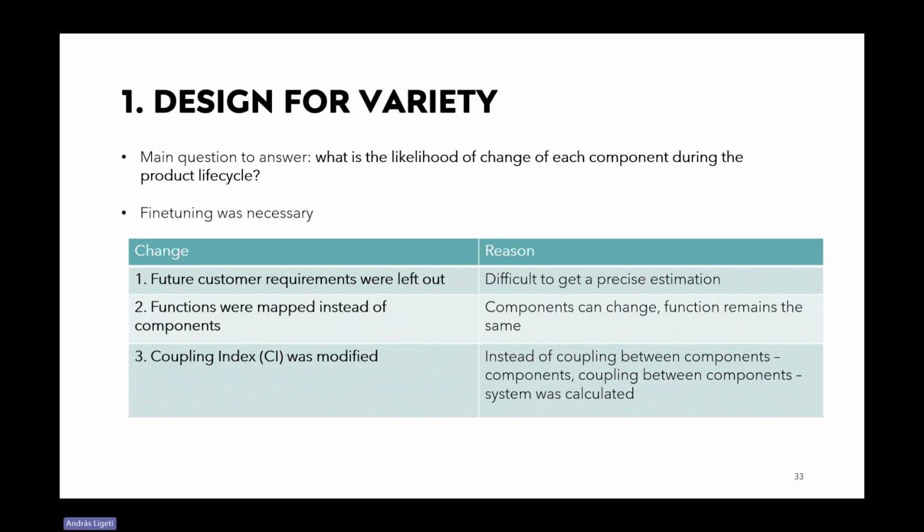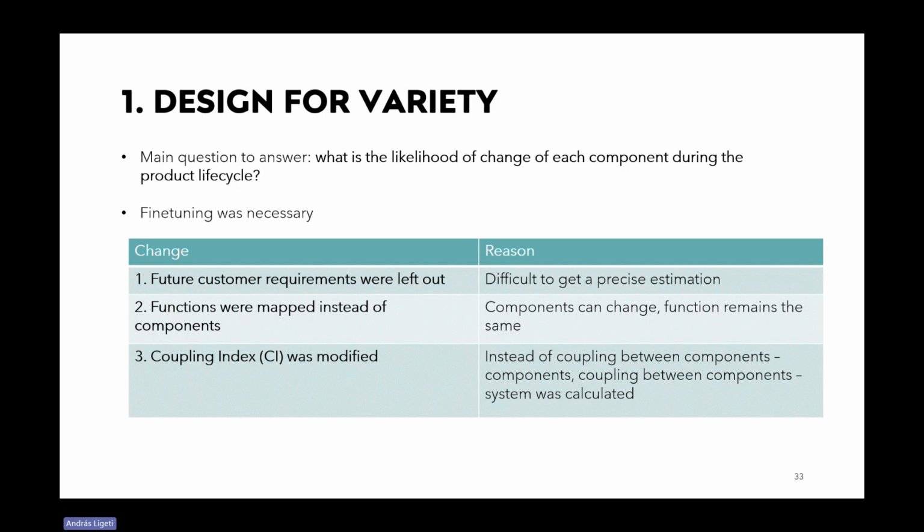The second one is that we mapped the functions instead of components, because for the design variety you have to map the components in your product. But we decided not to do that, and the reason is that a function is a little bit more abstract. Components can change in your system, but the functions are quite likely to remain the same.